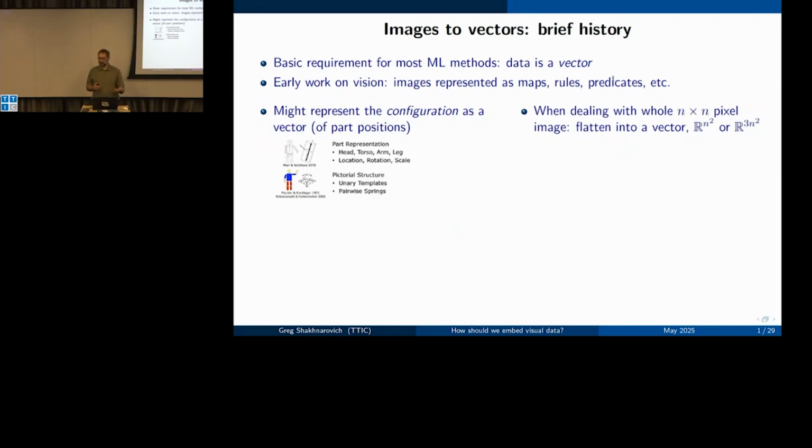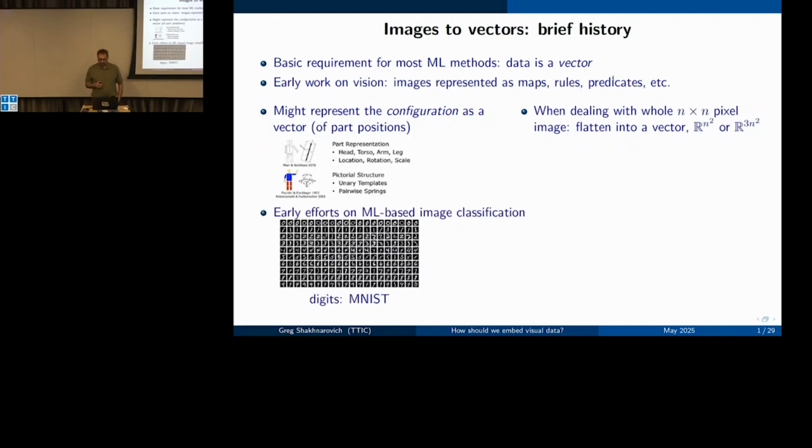But that's a very naive way of mapping it. And for many years, including most of my PhD, that was the standard way of mapping images into vectors. Many famous data sets and tasks, especially image classification in particular, were entirely developed and saturated to a large degree using that kind of representation.